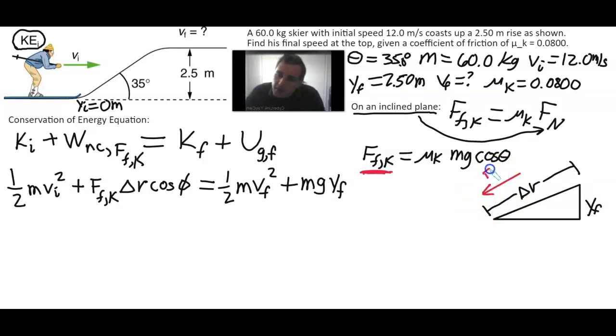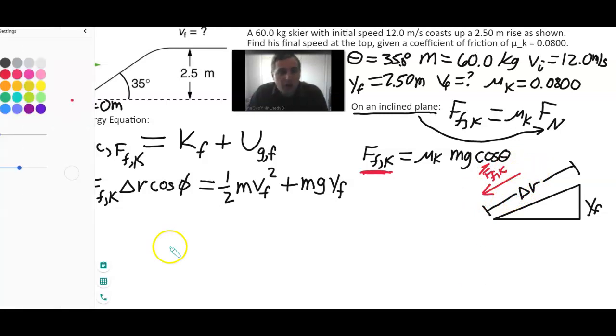So this is the kinetic force of friction vector. But then delta r has a direction that's up the inclined plane. So delta r is going to be in the direction that's up the inclined plane. Let me draw a nice straight line. There we go.